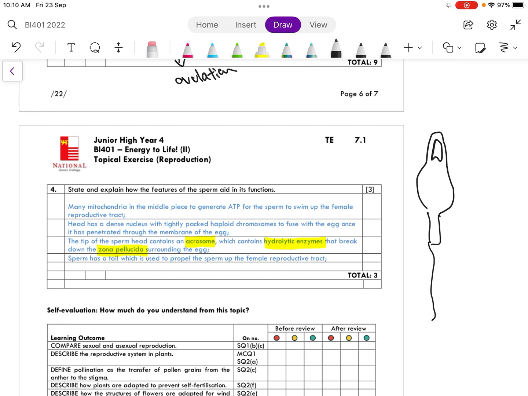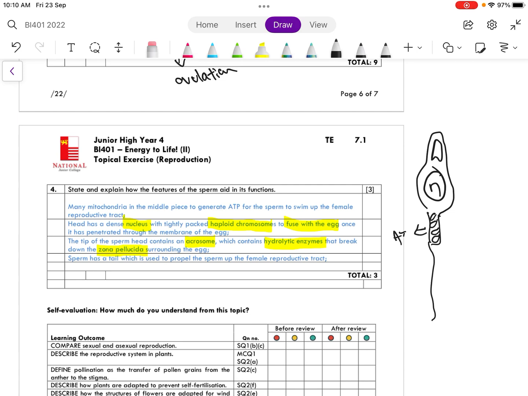Next, the sperm cell also comes with a nucleus, and this nucleus contains a haploid number of chromosomes, so that when it fuses, it can form a diploid zygote. So nucleus, haploid chromosomes, so they can fuse with the egg. Next, the sperm also comes with a lot of mitochondria.